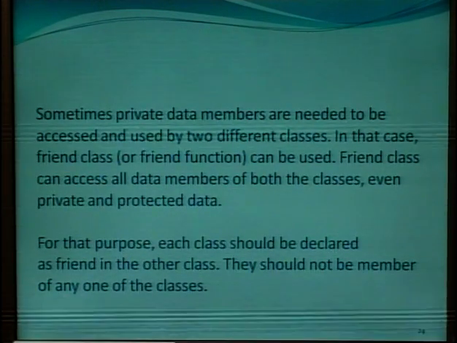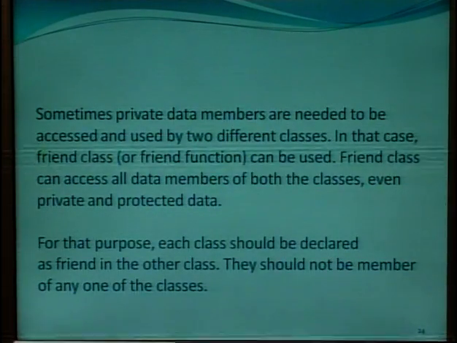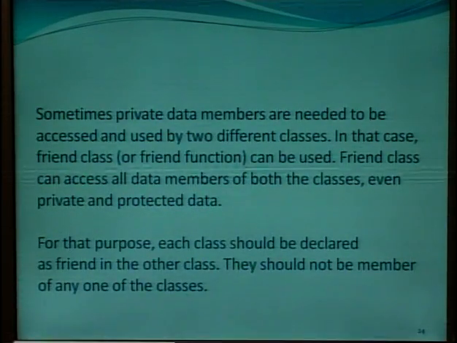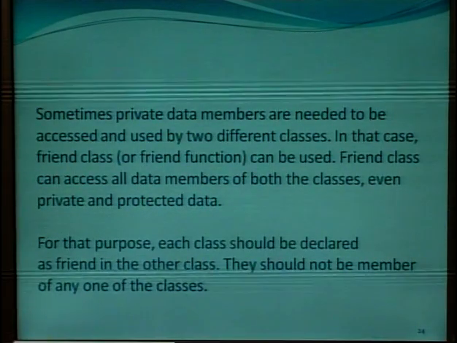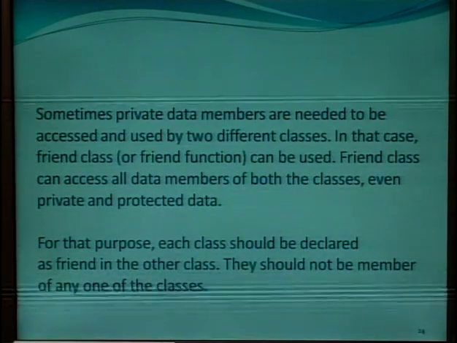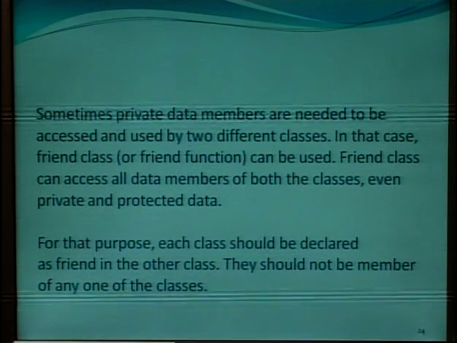Sometimes private data members are needed, whenever we say data should be protected, not public. So it is accessed by two different classes, but only those two classes will use that information. So in that case, a friend class or friend function can be used.